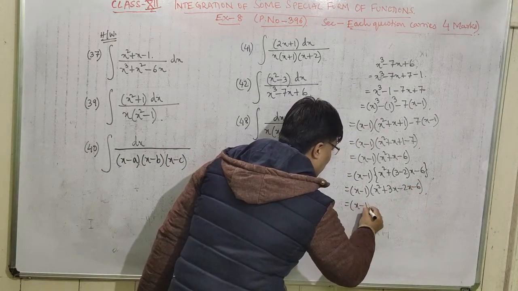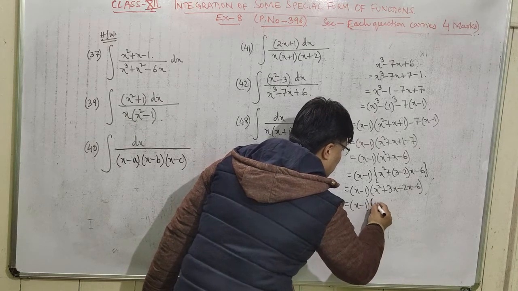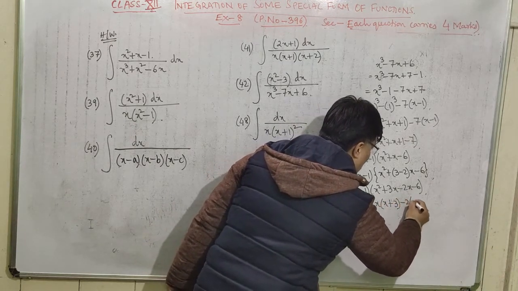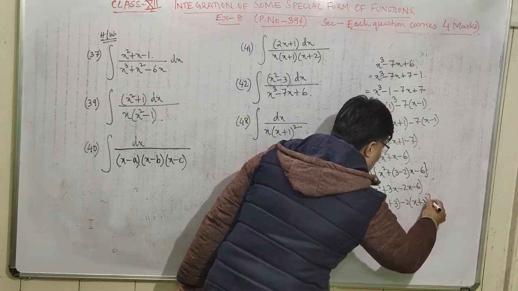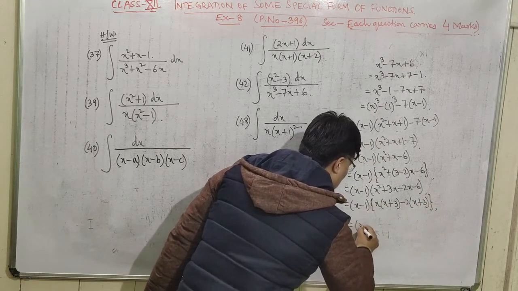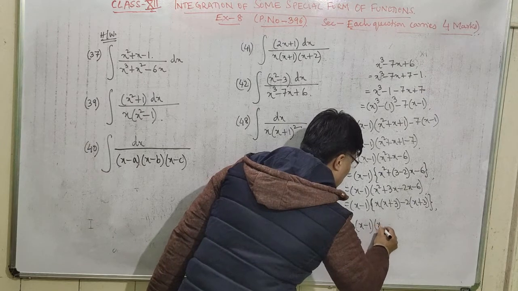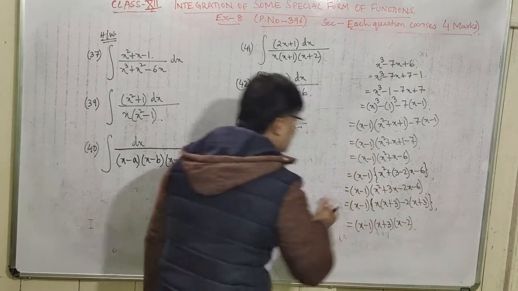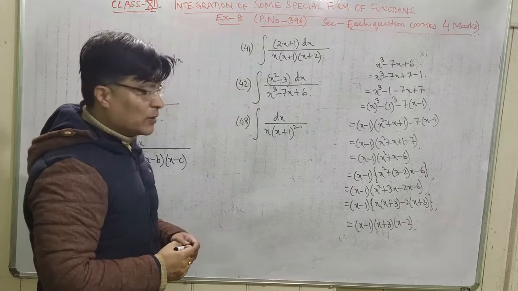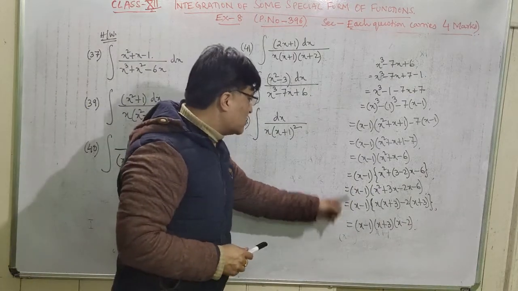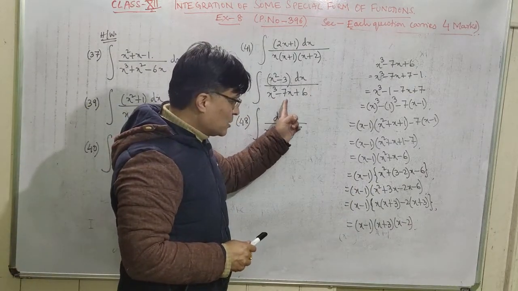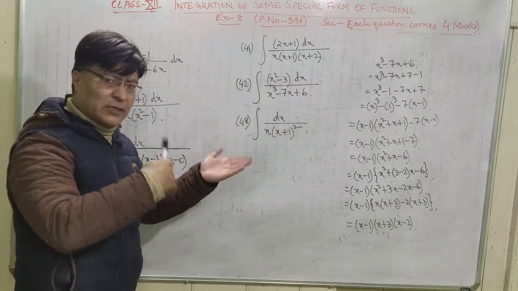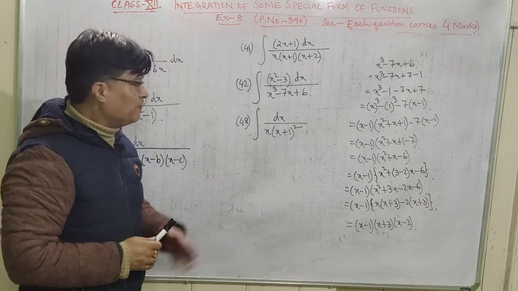So which is equal to x minus 1 into, within second bracket, x is common, this is x plus 3, minus 2 is common, this is x plus 3, second bracket closed, which is equal to x minus 1 into x plus 3 into x minus 2. So these are the factors. So you can write down these factors here: x minus 1, x plus 3, x minus 2. So you can easily convert this fraction in terms of partial fraction. Okay, so you can do it.